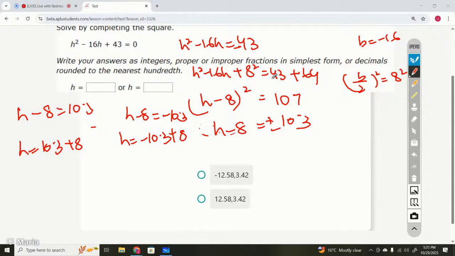Oh, it would be negative 43. See, I made a mistake. 64 minus 43 is 21. Here we have 21, right? And now we need to calculate square root 21, that is 4.5. So here we have 4.5.